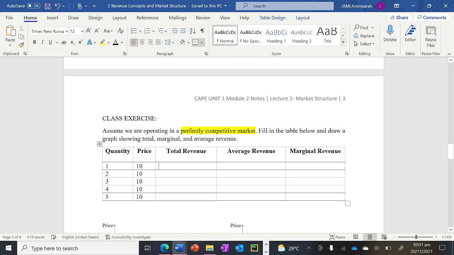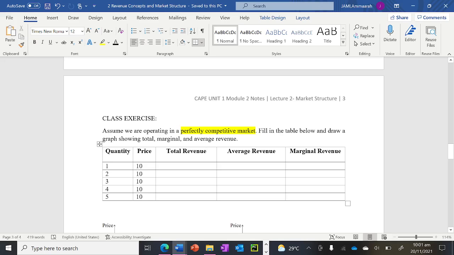Now the total revenue. Do you want to take a guess? What would this total revenue be? Okay. So the total revenue is when we multiply. The total revenue for the first one will be 10, and for the second one, would it be 20?